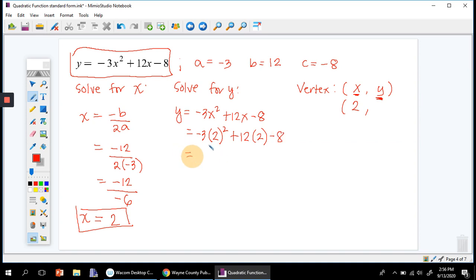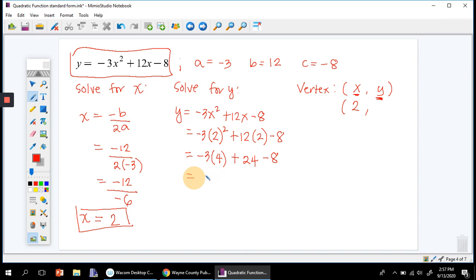Okay? Now if you have a calculator, you can just simply put this in the calculator, then press enter, and you'll get the value of y. Okay, so negative 3, 2 squared is 4, plus 12 times 2 is 24, minus 8.